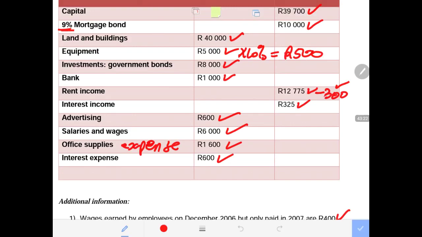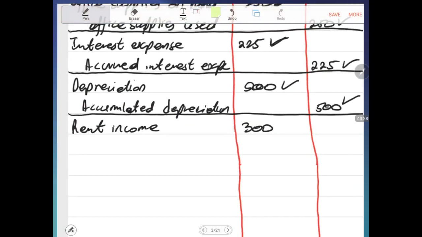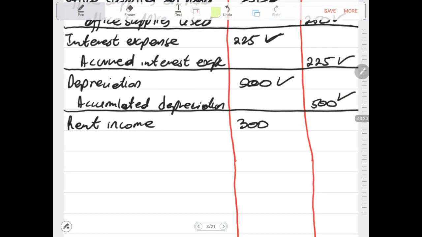Why? Because income decreases on the debit side, indicating that minus. So now we say we don't want this rent to be our income this year. It must be income for next year because it's not for this current year. And anything received before time is a liability, or in fact any income received before time is a liability.